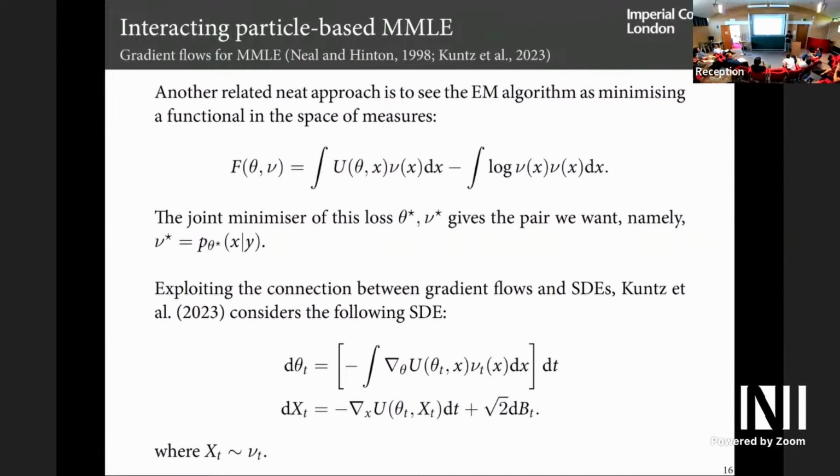Exactly. So what he does here is, in order to implement this, you have two problems. Time discretization is one problem, but you also need to approximate this integral, which is the second problem.